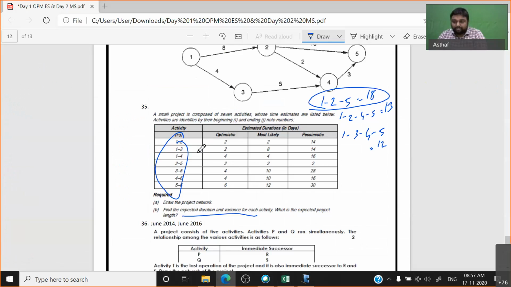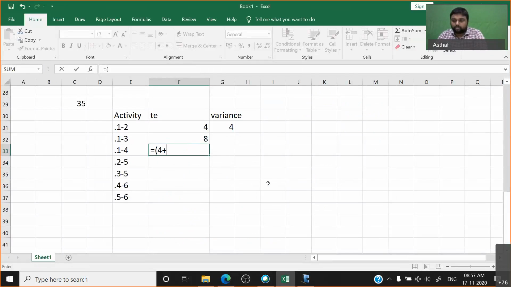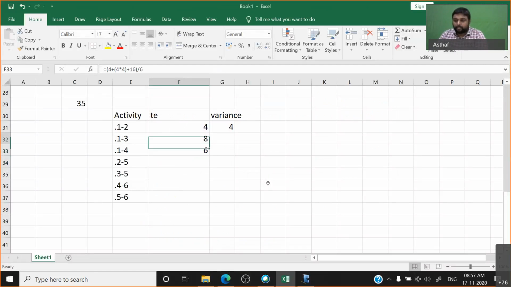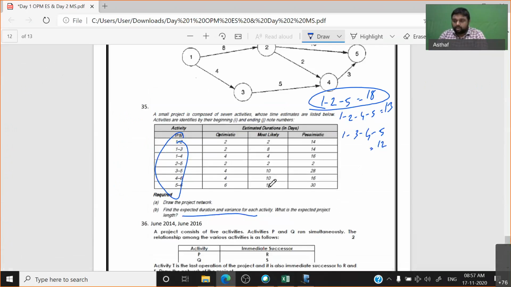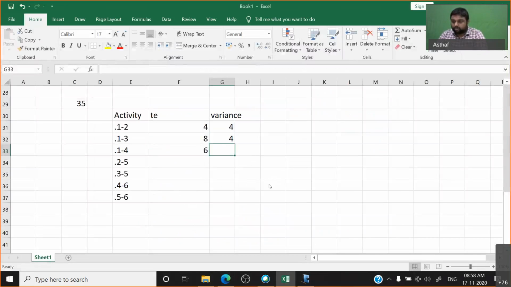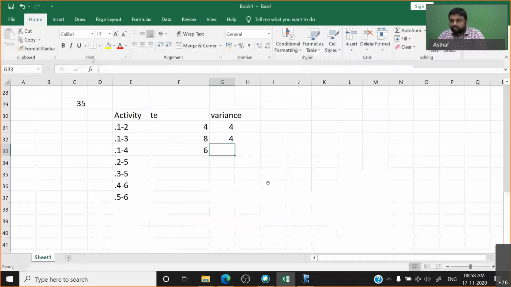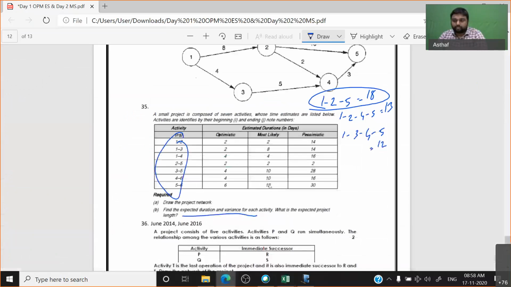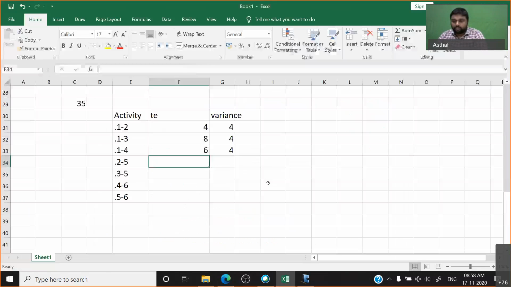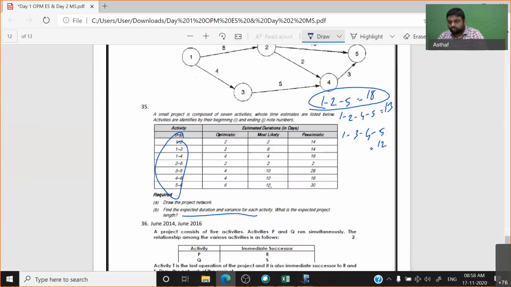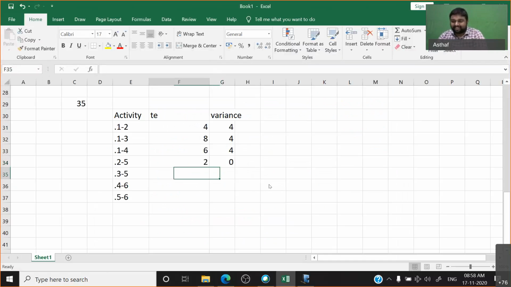One more I will help you: 4 plus 4 into 4 plus, here you will have 14, here you will have the same 4. See how interesting. So this is how we have to approach.